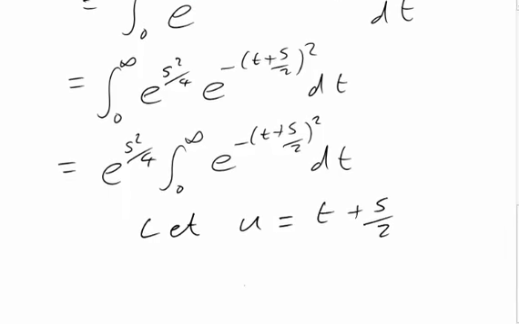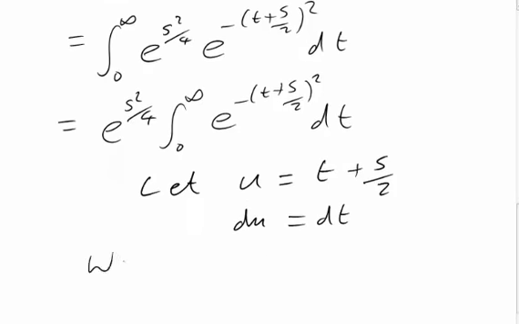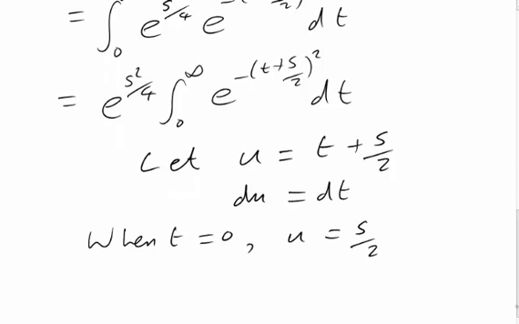Then it would follow that du is the same as dt. Furthermore, when t is 0, that's the bottom integration limit, u must be s over 2, and when t gets very big, that's the top integration limit, u also gets very big.